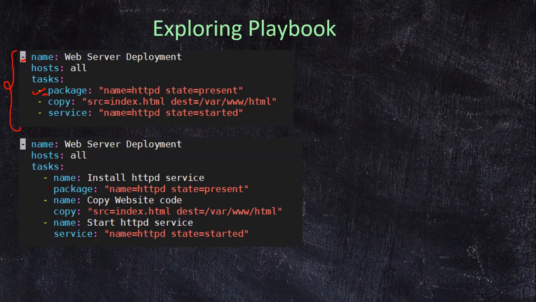So how do I specify a name? Again, under the task, I have to use dash space, name, and then what it is performing. And name and package should follow the same indentation. Then again, this will be acting like a key, and this part is your value.